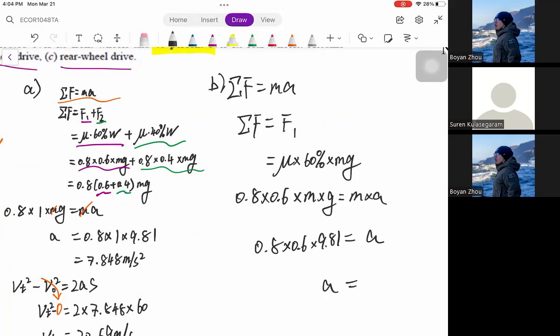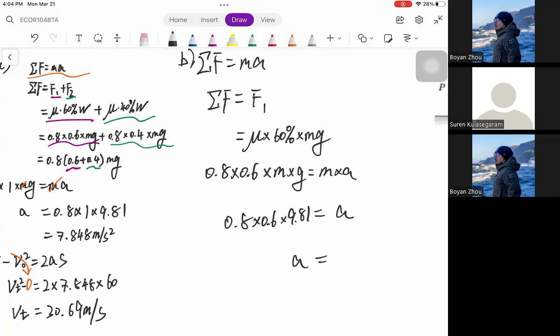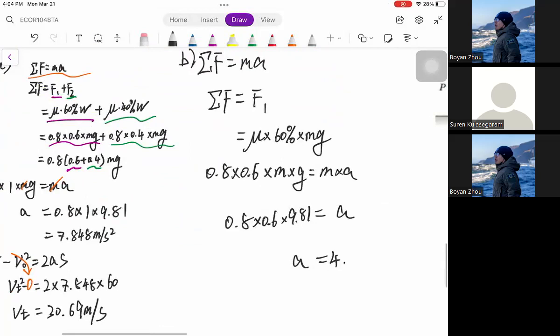Using a calculator, you can see the acceleration is equal to 4.709 meters per second squared.